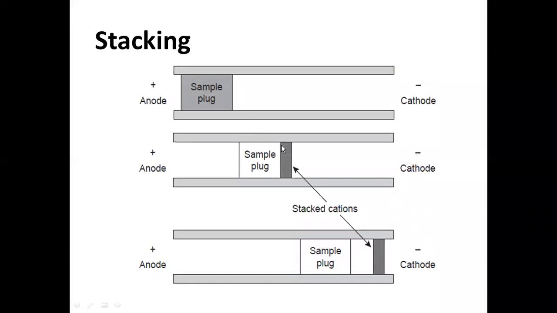Therefore, all the solutes are concentrated. Initially, this was the sample plug we introduced. Now the sample plug has been reduced to this much width. Compared to before, the concentration of this plug is very high. And this process is called the stacking process.